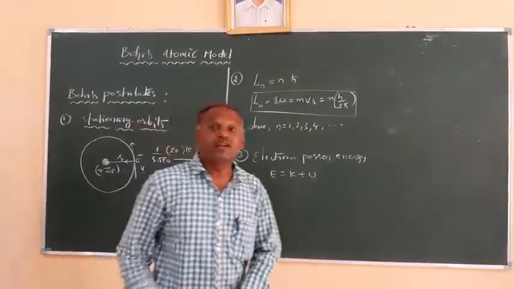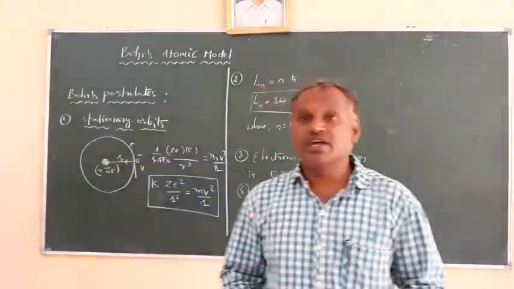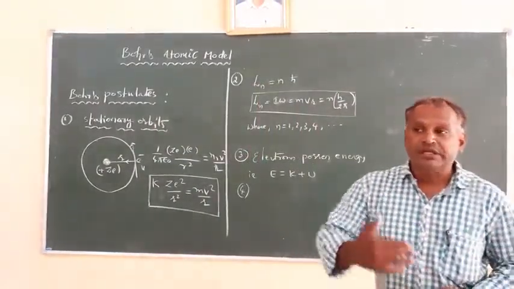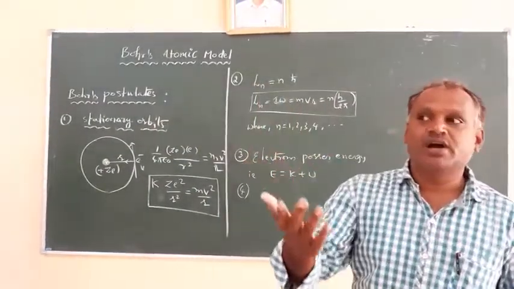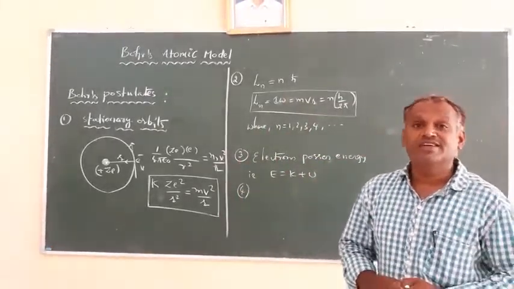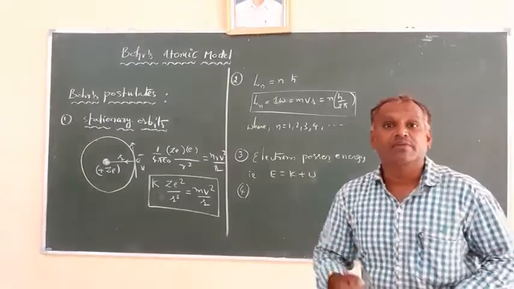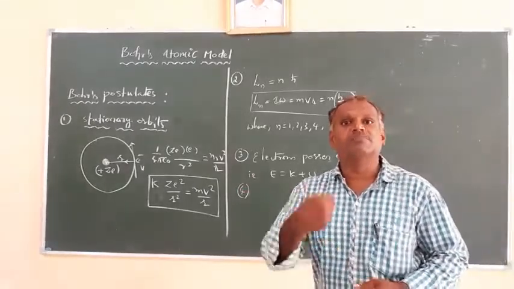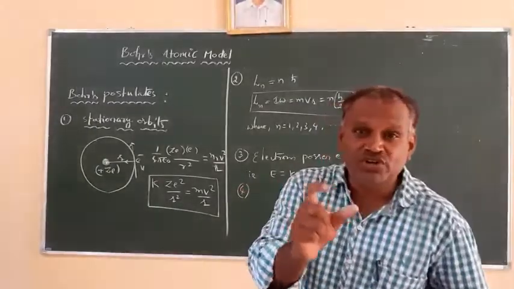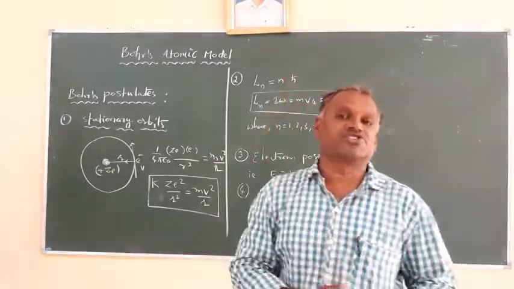Whenever electrons make transitions, moving from one orbit to another orbit, maybe from a lower energy state to a higher energy state or from higher energy to lower energy, some amount of energy can be emitted, radiated or absorbed. That amount of energy is the difference in the energy of the electron in those particular states.